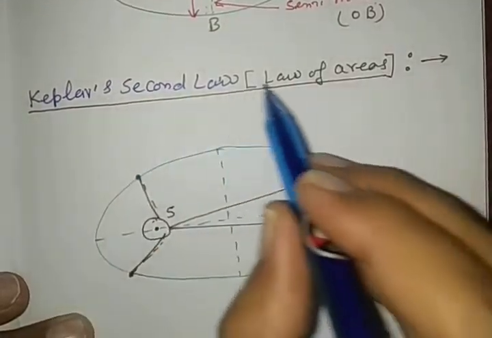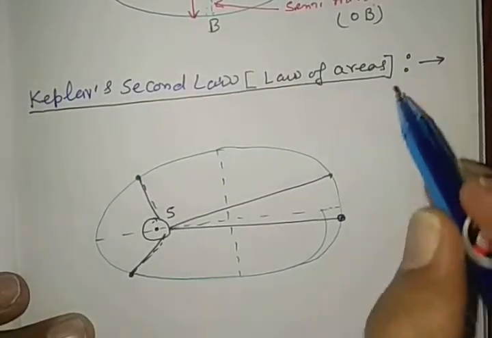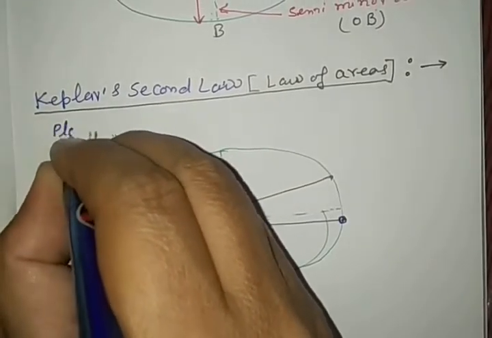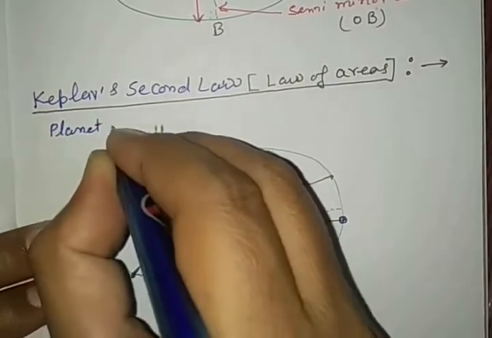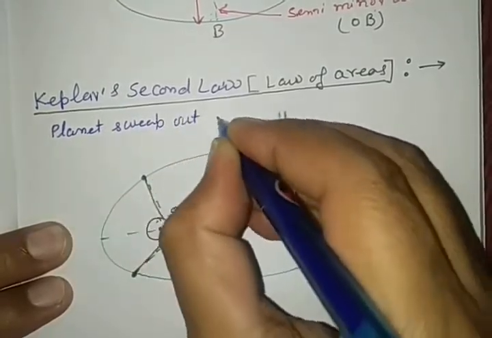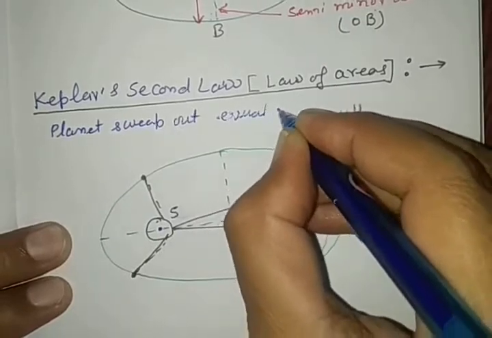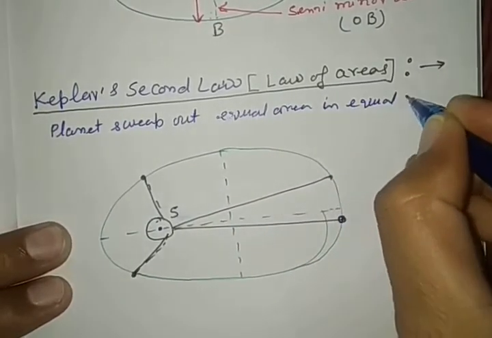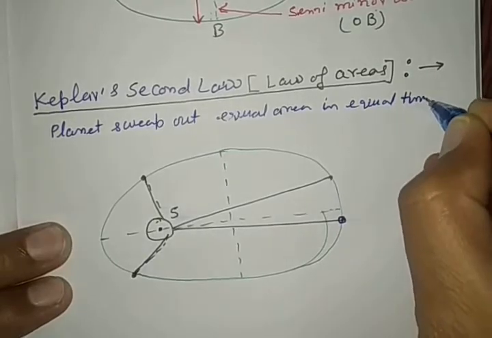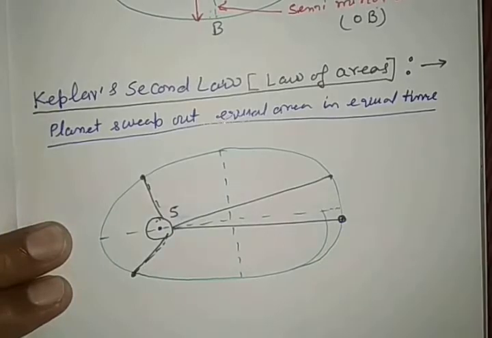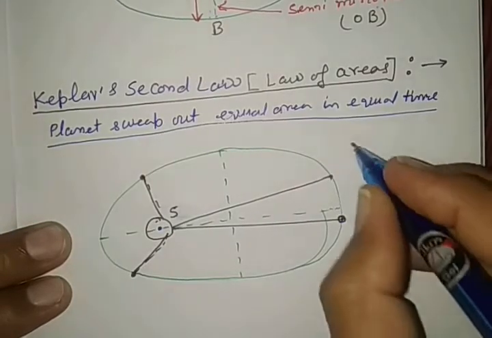Kepler's second law, the law of areas, says planets sweep out equal areas in equal times. See the meaning of this. Planets sweep out equal areas in equal times.